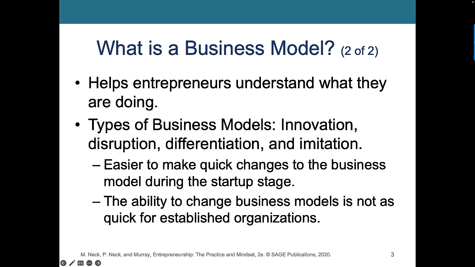Like Tesla, for example, created a new market for electric vehicles. Again, if you have the financial backing to get into that, then that's fine. But if you don't, perhaps disruption and differentiation are in your realm, because you can disrupt the markets by creating something that's going to make a difference in the market, or differentiating yourself, right? Doing something different than what's currently being done.